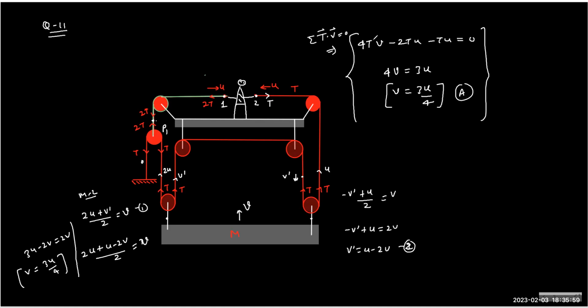Whenever there is a free end of a string moving with some speed, we always take the tension acting away from that. And once you write the tension relation, you can get the answer. Does it make sense to you guys? Yes, sir. Okay. So these are actually difficult.